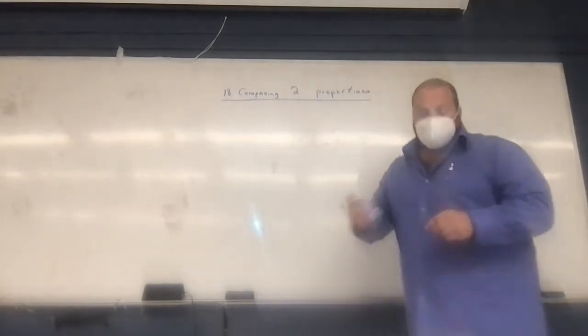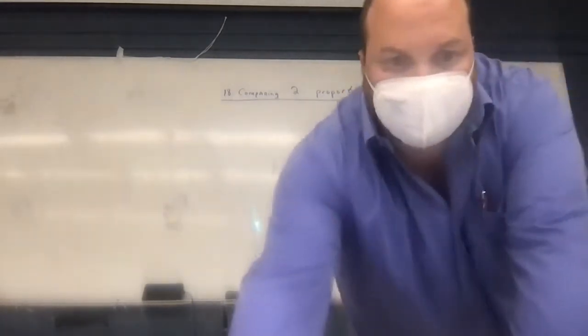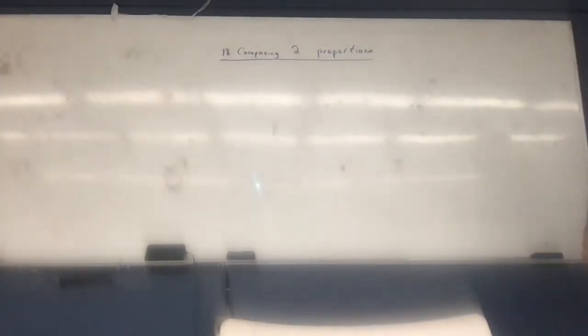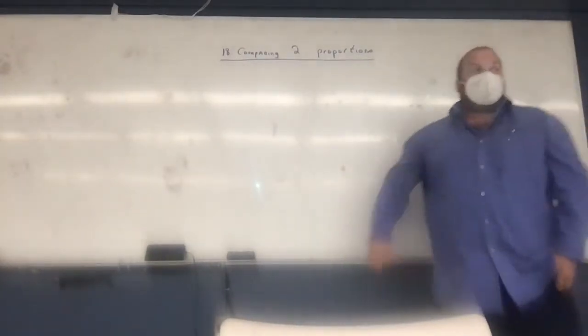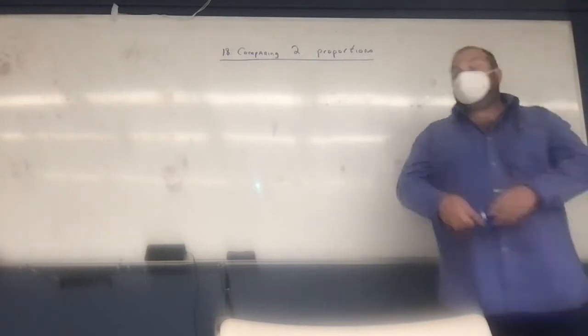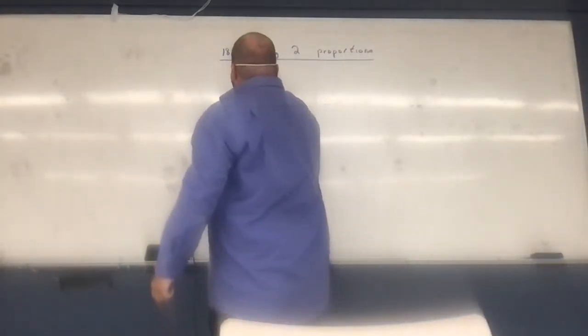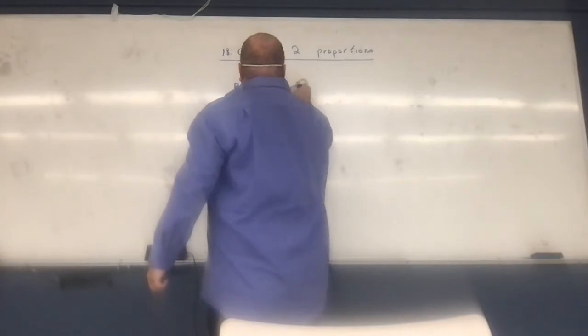So we've already done 1 proportion, both for confidence intervals and hypothesis testing. We've done confidence intervals and hypothesis testing for 1 proportion. So let's first recall that. Let's first recall for 1 proportion.